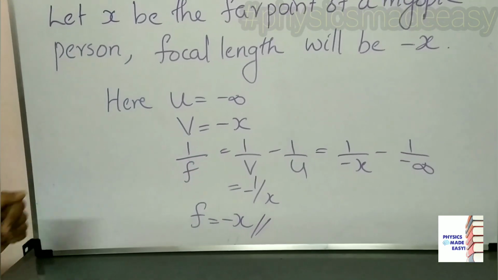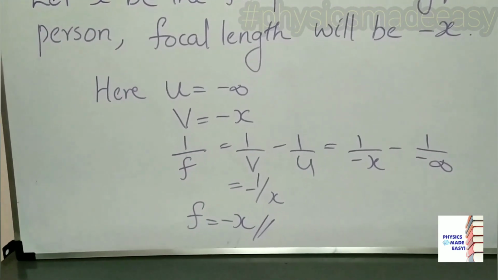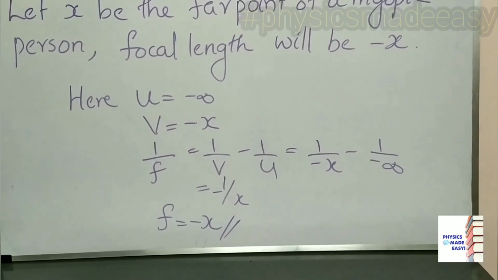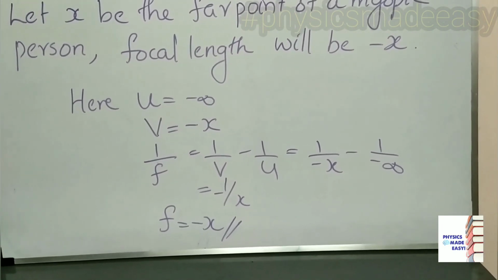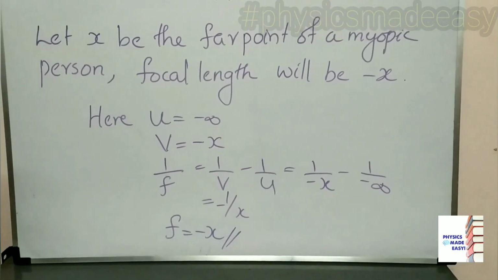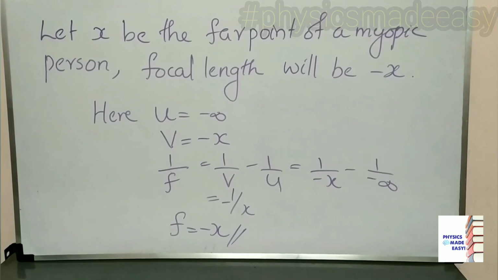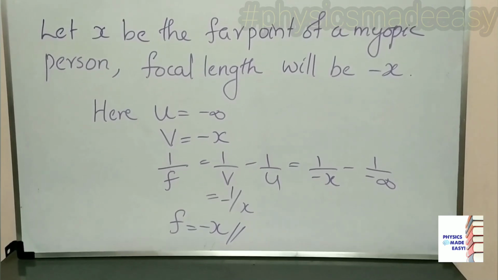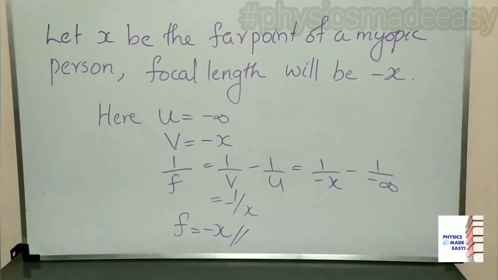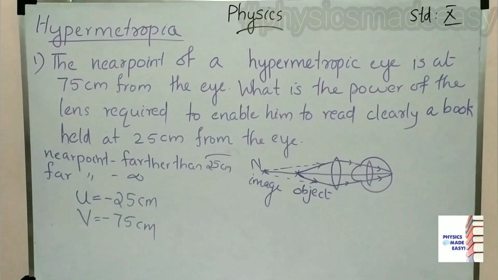Then lens formula 1 by f is equal to 1 by v minus 1 by u, then you will get this as minus 1 by x. From that you can write focal length is equal to minus x. So if you have the far point of a myopic person, you can write the focal length of that concave lens.